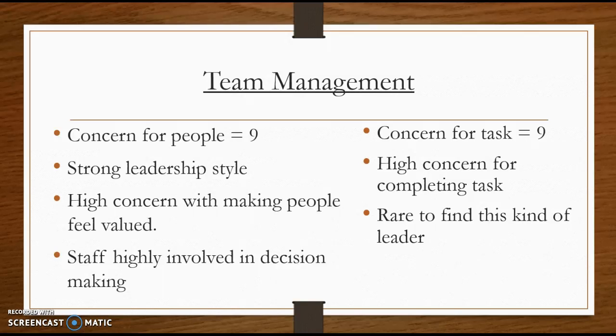The manager cares. It's more of a team-oriented style of management. And it's pretty much an ideal management because you have an equal balance of care for your staff, but you also have a care for the level of work that you're getting done. So this is a great management style, but it's also very hard to find this kind of manager.